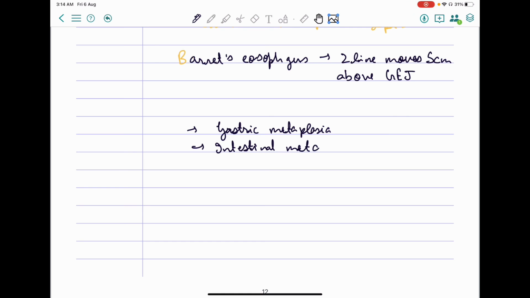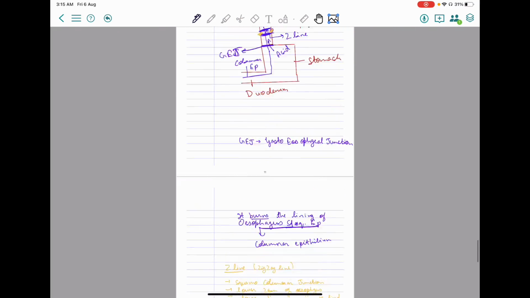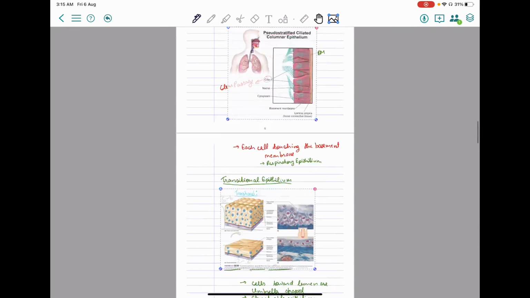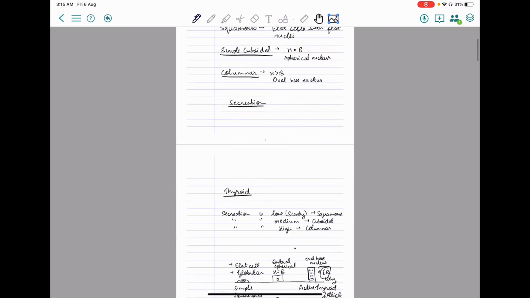It is a very confusing one to answer, because in some books gastric metaplasia is answered, and in some books intestinal metaplasia is answered. But in most of the books, intestinal metaplasia is answered. So if anyone asks how Barrett's esophagus is diagnosed, you answer it as intestinal metaplasia.